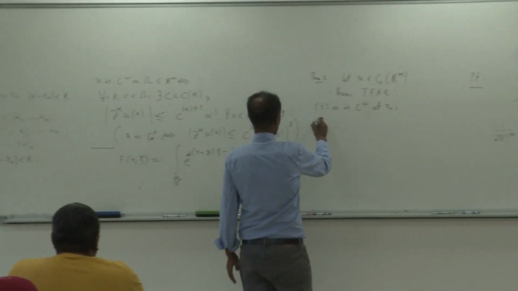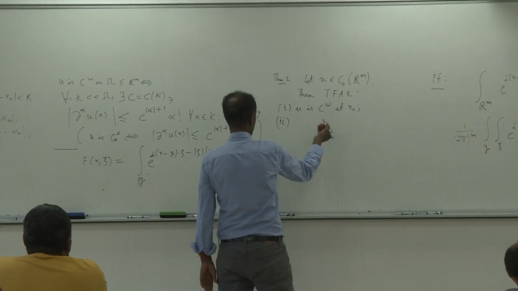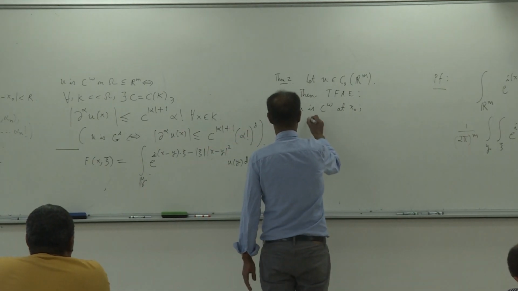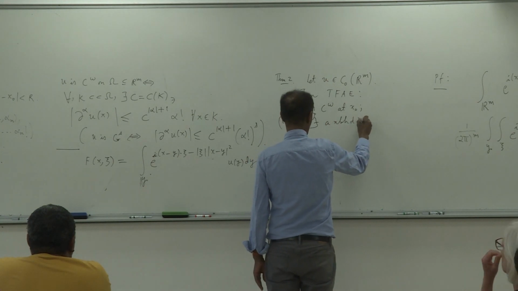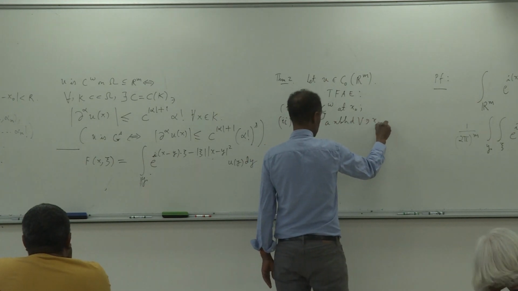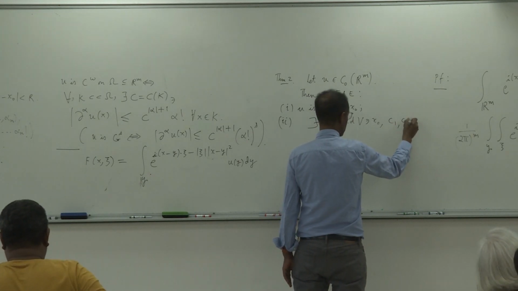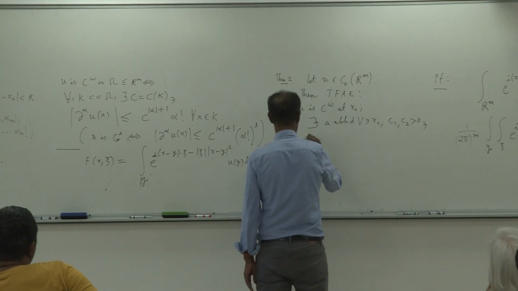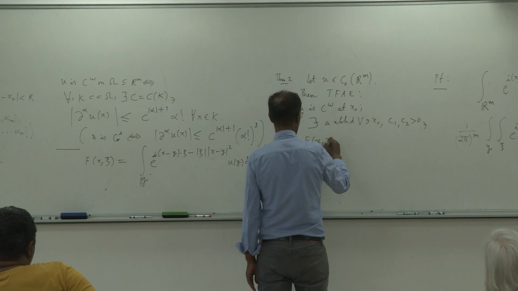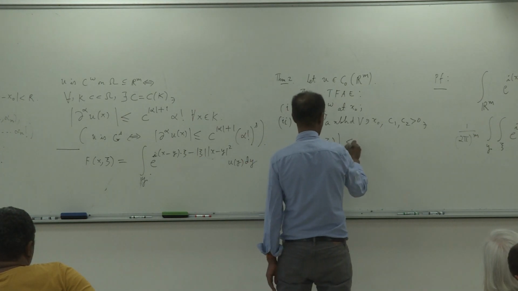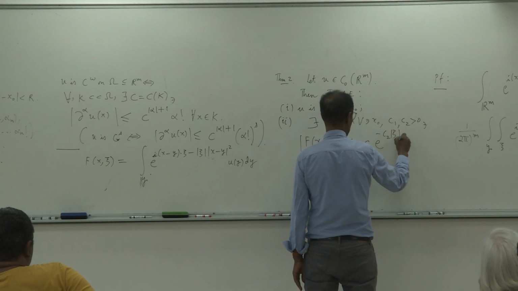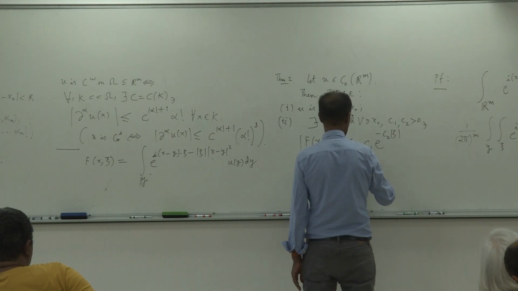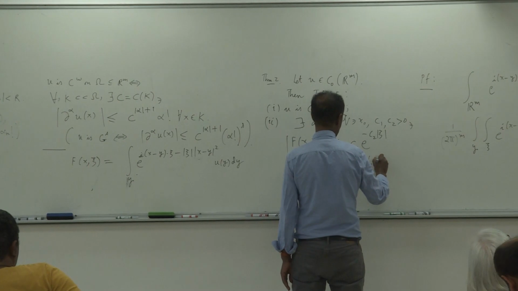And two, that the FBI transform decays exponentially in the following sense. There exists a neighborhood V of x naught and constants c1 and c2 such that the FBI transform at (x, xi) is less than or equal to c1 e to the minus c2 norm of xi, for all x in V and xi in R^m.